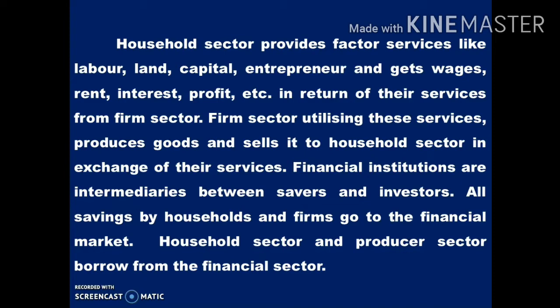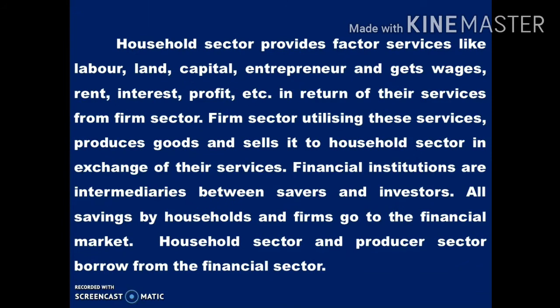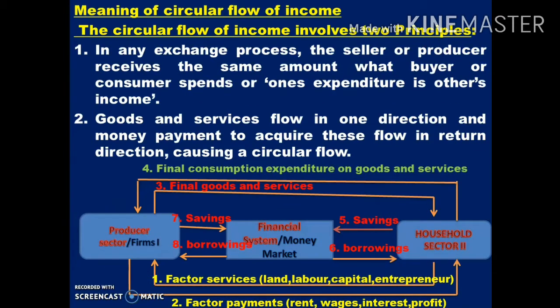Financial institutions are intermediaries between savers and investors. All saving by households and firms goes to the financial market, and the household sector and producer sector borrow from the financial sector. Okay, financial sector. So just see another term, financial sector or financial system or money market in between.